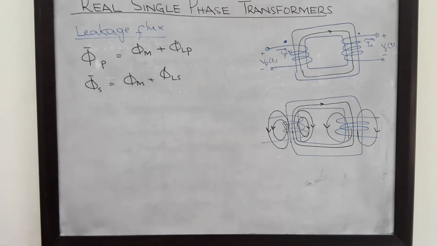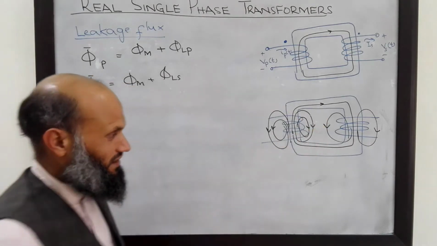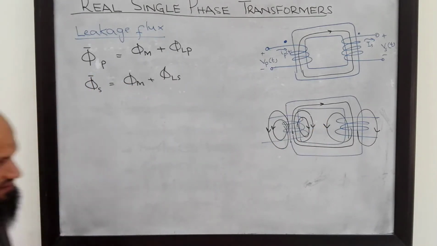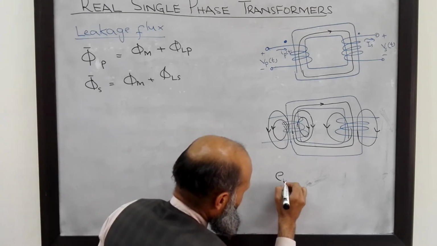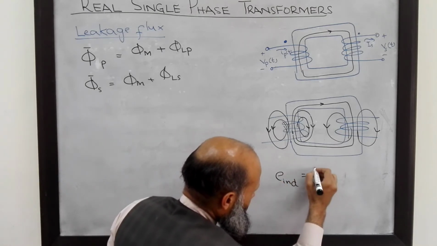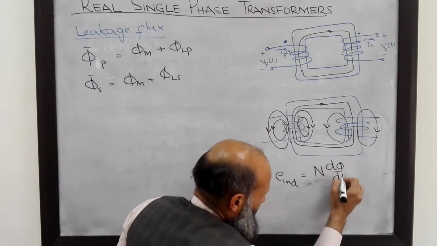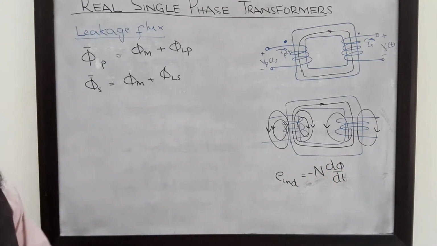We remember that flux and induced voltages are related by Faraday's law, which is given by this expression: E induced is equal to N d phi by dt, with a negative sign by Lenz's law.